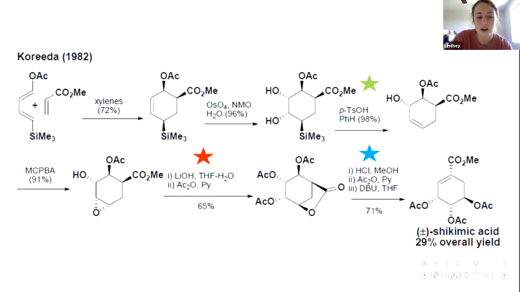I can't point. It's the carbon at the bottom, directly across from the OAC group. Yeah, that one right there. And then this causes the epoxide to open. And then the bridge is formed between the double bonded oxygen and the other oxygen of the CO2 Me.